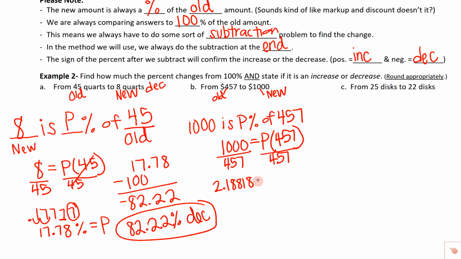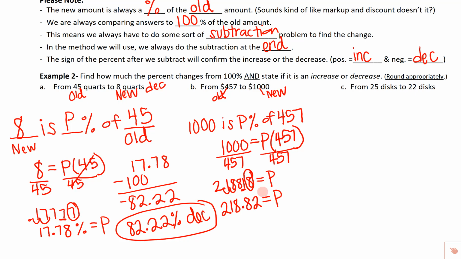I might have written too many, but it doesn't matter. You can't have too many. Okay, we're going to move it 2 places. 1, 2. 218.8. Oh, I didn't write too many. So this is going to round to a 2. Okay, that is my percent.